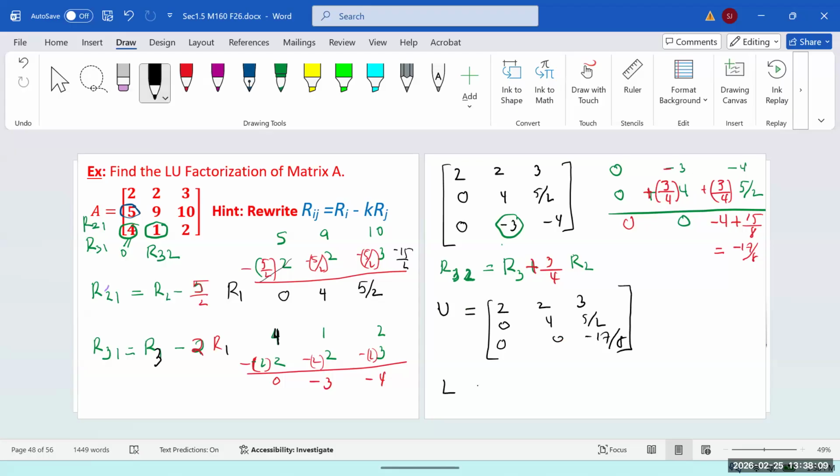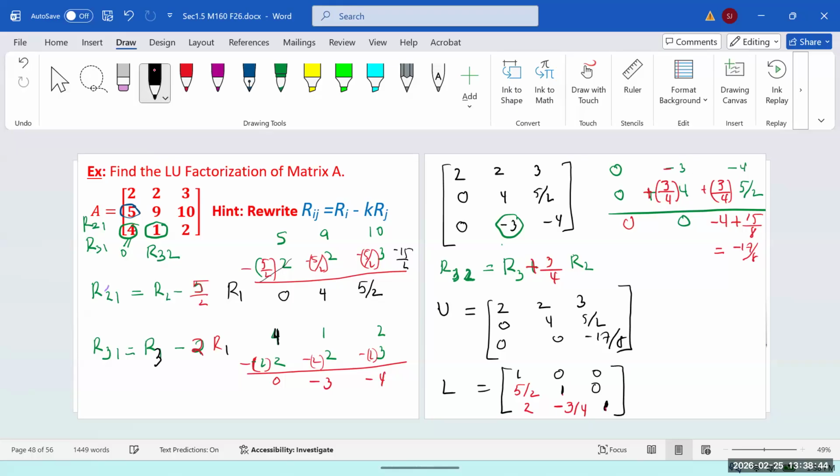And that's going to give us our L matrix. So Ahmed, would you like to give me the L matrix? Yeah, sure. It will be 1, 0, 0, then 5/2, 1, 0, then 2, negative 3/4, and 1.